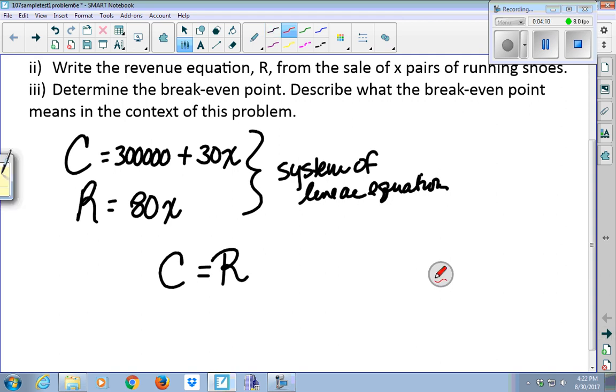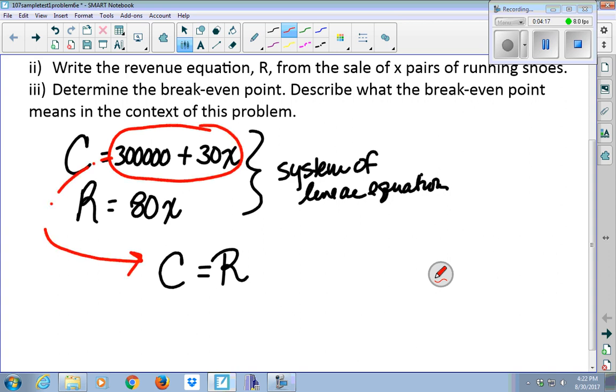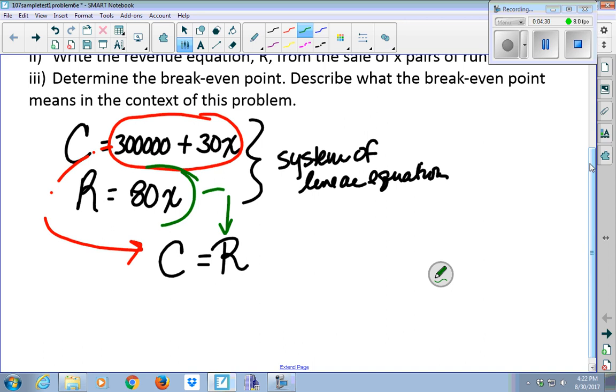And using our technique of substitution, wherever you see C, you can replace it with the expression 300,000 plus 30x, and wherever you see R, you can replace it with 80 times x. So let's do that, and then we'll have an equation with one unknown, and we can solve it for x. So we have 300,000 plus 30x equals 80x.